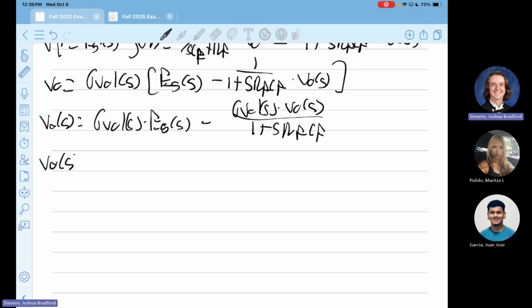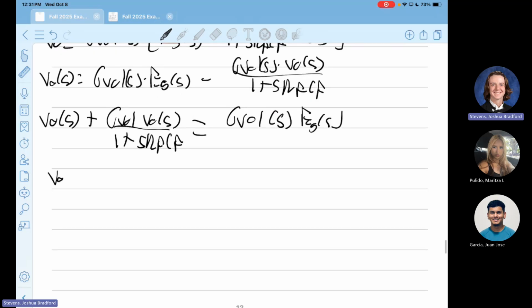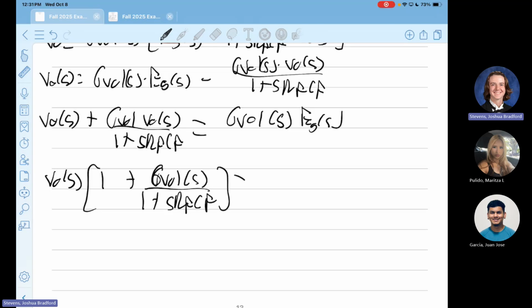So now I'll have V out of S plus G vol V out of S over 1 plus SRF CF equals G vol of S EG of S, which means we have V out of S times 1 plus G vol of S over 1 plus SRF CF equals G vol of S EG of S.